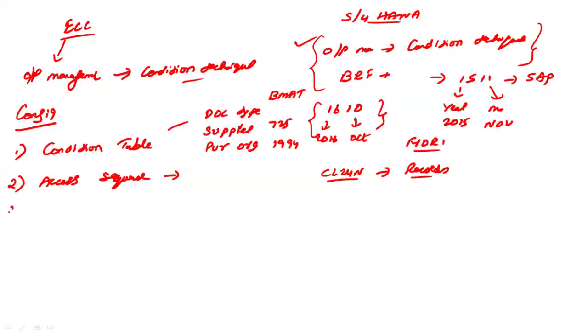Okay. Then you have the message types. How are we going to send the message? In what medium are we going to send? And when are we going to send? Everything is going to get decided here. Then you have the message determination.